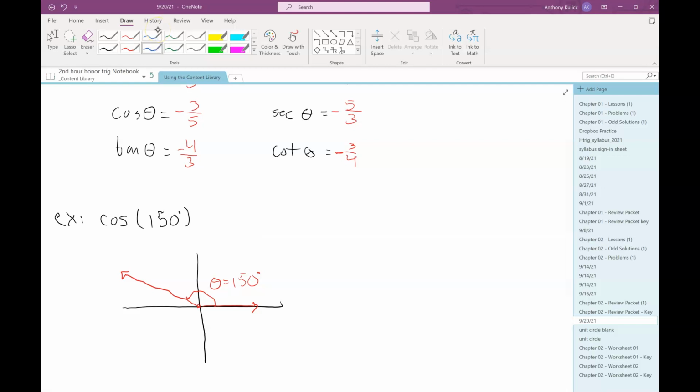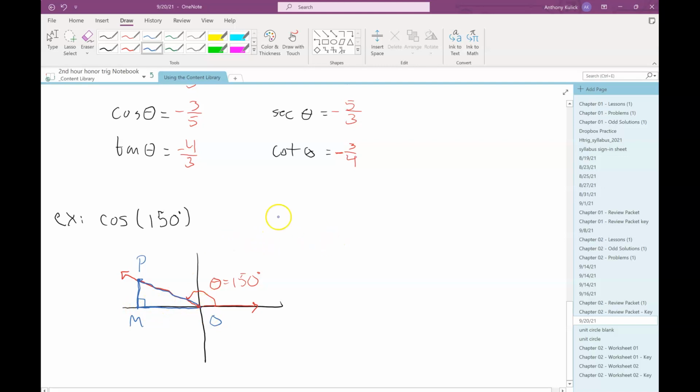So far, so good. So I'm going to pick a point P on the terminal side. It doesn't really matter where. I'm going to drop my perpendicular down and make my triangle here.